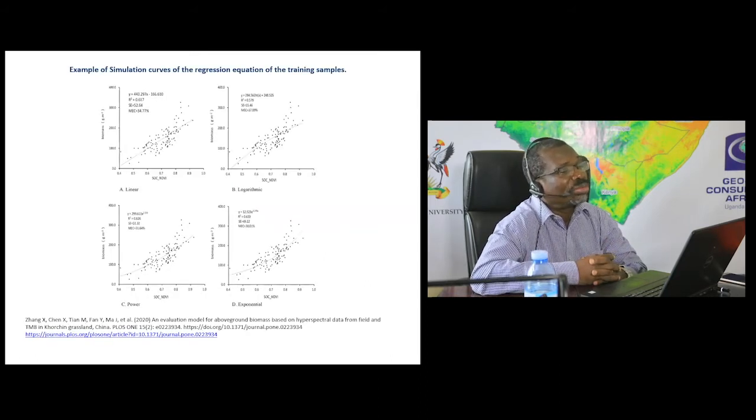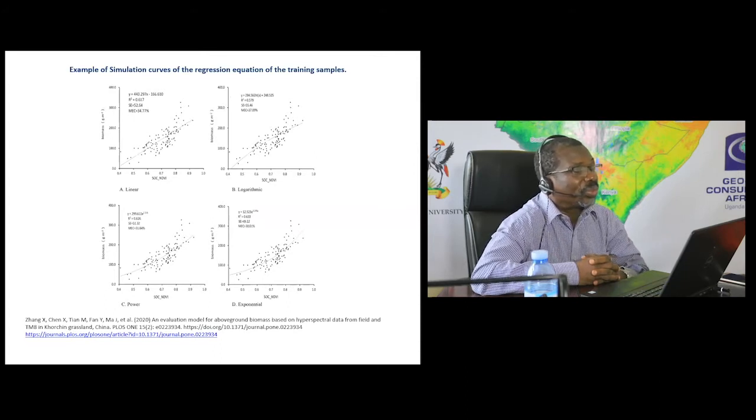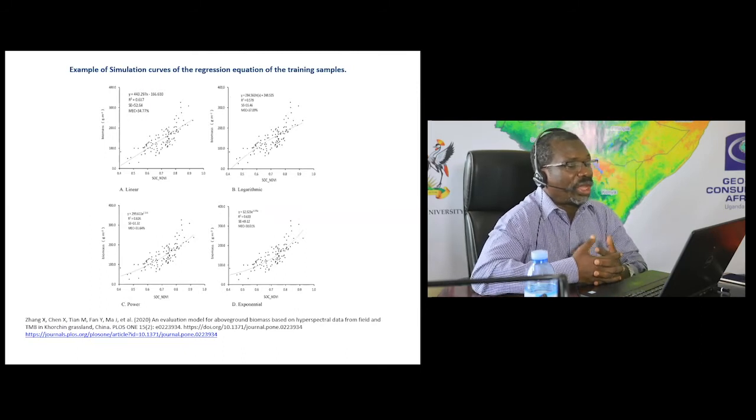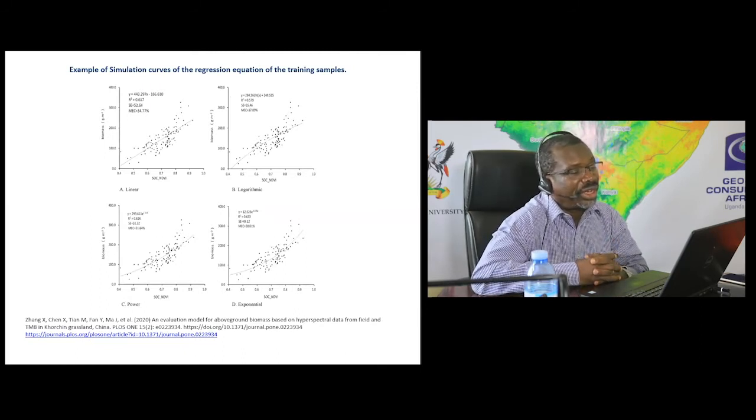So different models have been developed across the world to test NDVI and biomass.